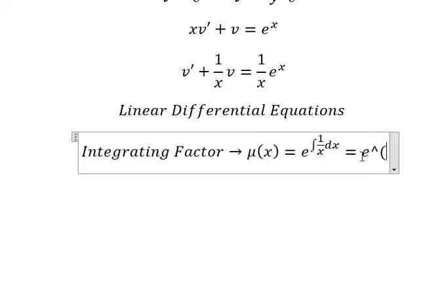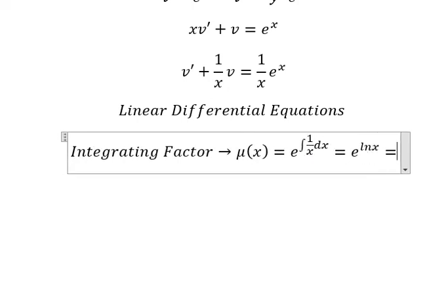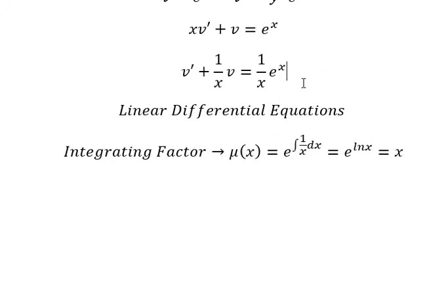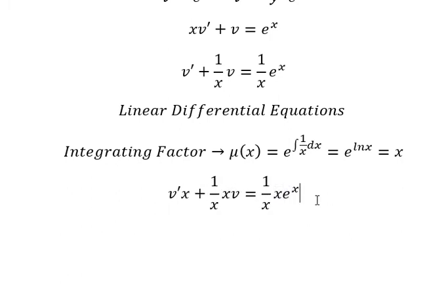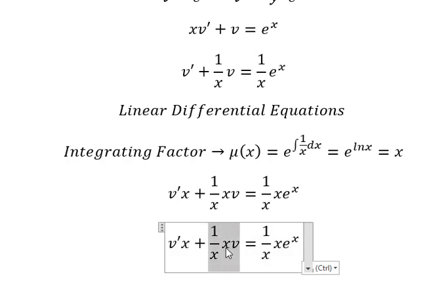And this one we have ln s. So we simplify this one and we have s. That means we multiply both sides by s. So this one we have number 1. This one we have number 1.